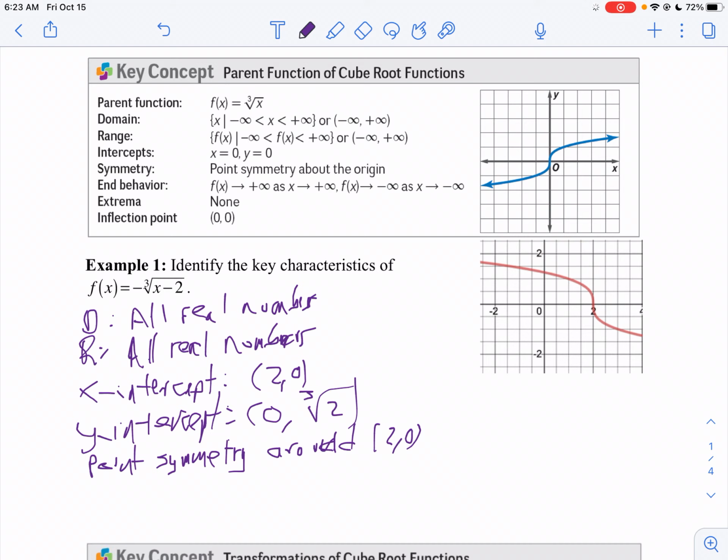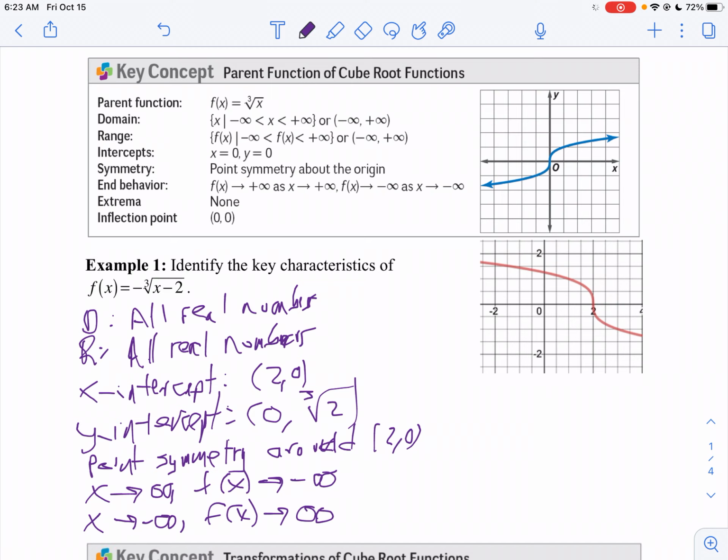And then my end behavior, because there has been a reflection, it's backwards, isn't it? As x approaches positive infinity, f of x approaches negative infinity. As x approaches negative infinity, f of x approaches positive infinity.